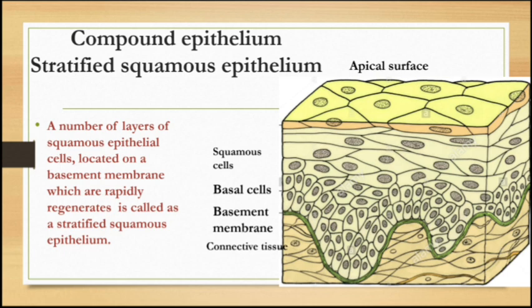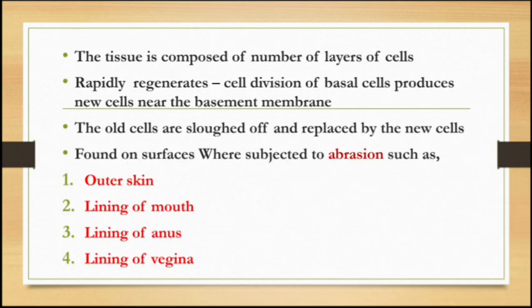So the definition is a number of layers of squamous epithelial cells located on a basement membrane which rapidly regenerate is called a stratified squamous epithelium. So the tissue is composed of a number of layers of cells.